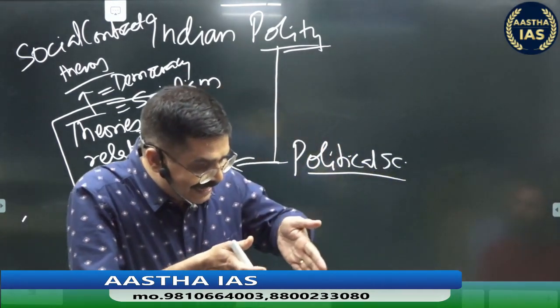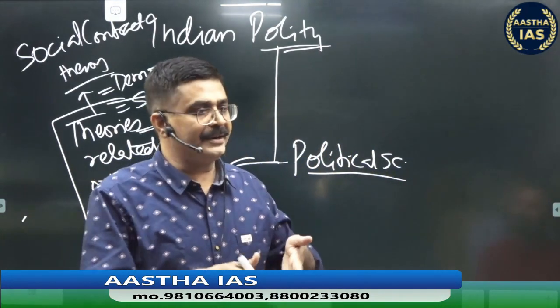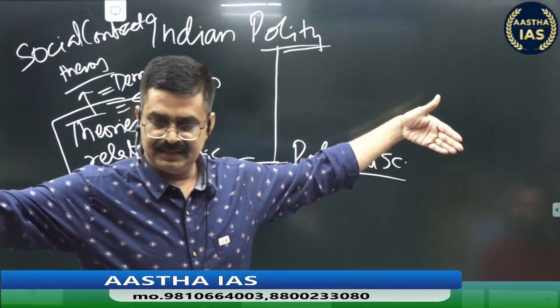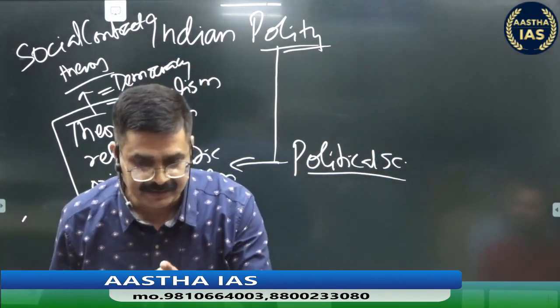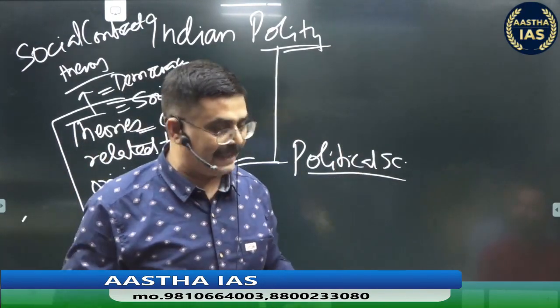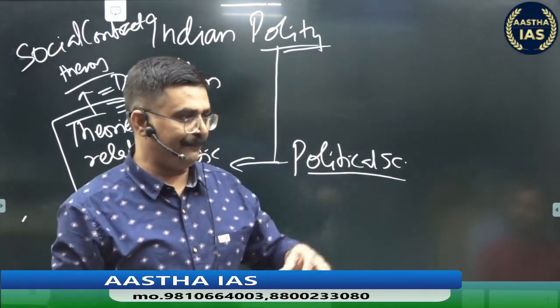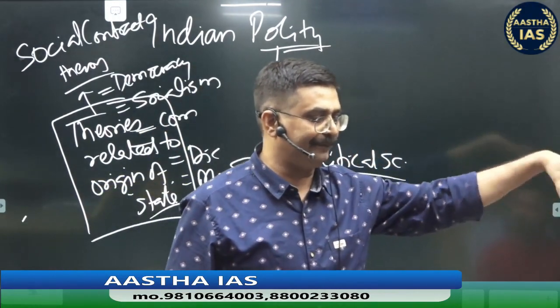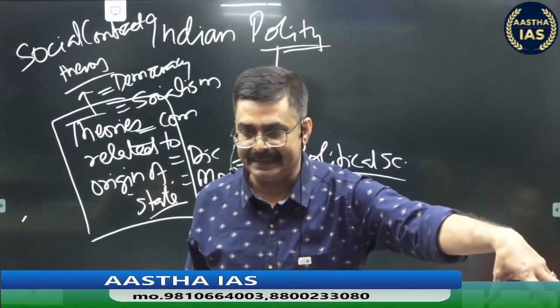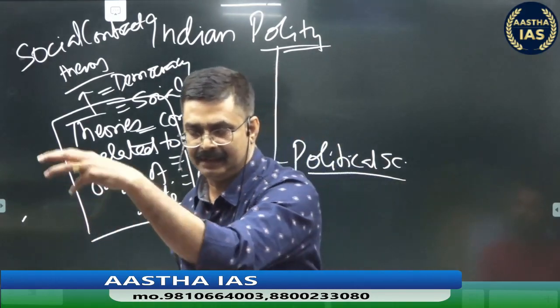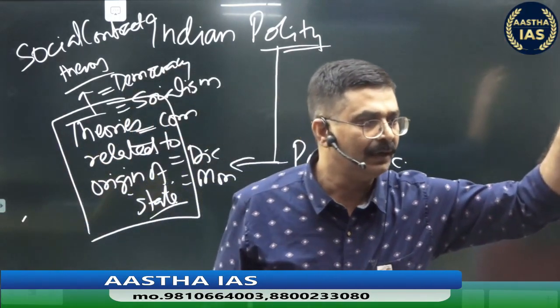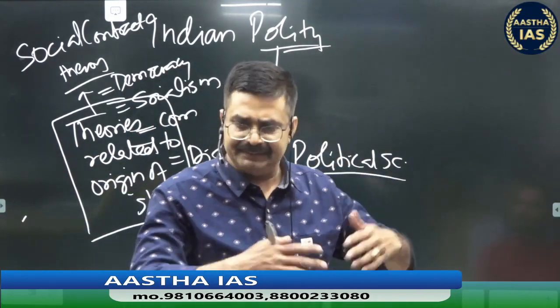Now when the size of the group increases, from 20 to 200 to 2 lakhs to 20 lakhs, it is not possible for one leader to take care of everything. Then he departmentalizes it. A group of 5 people taking care of safety, a group of 5 taking care of food, a group of 5 taking care of health, a group of 5 taking care of old people. Likewise, that is division of work.